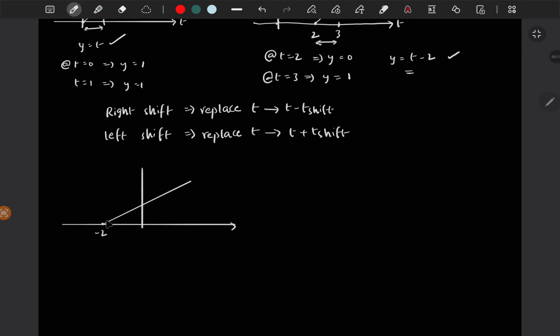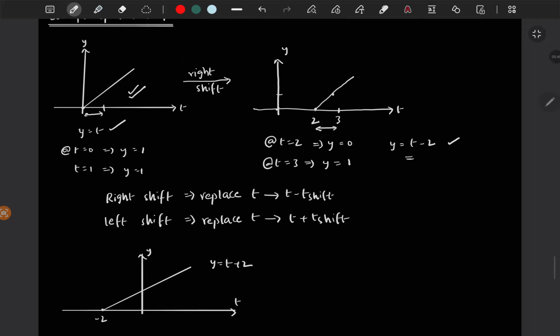Now if you substitute t is equal to -2, then you have to get y value as 0, which means y is equal to t plus 2 is our new equation. So see, substitute t is equal to -2, you will get 0, and substitute t is equal to -1, you will get 1. So just simply, if you want to left shift, then replace t with t plus the shifted value.